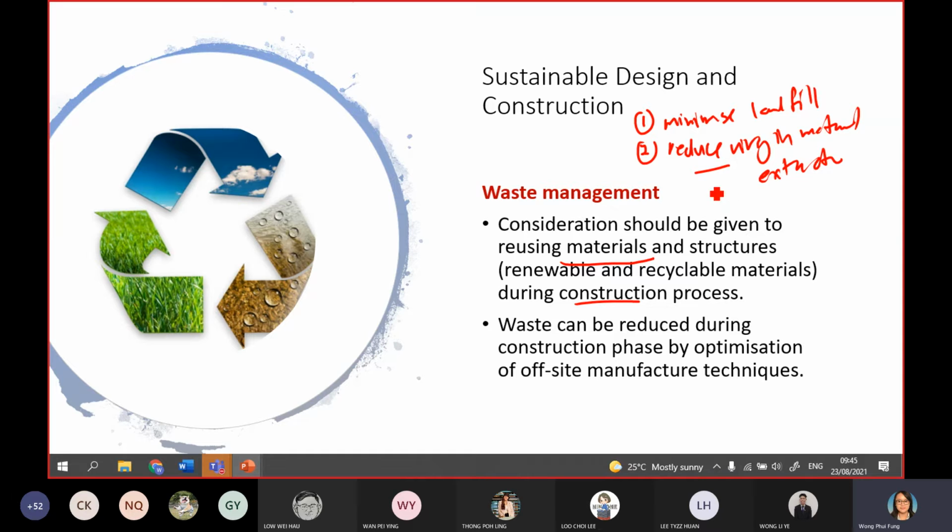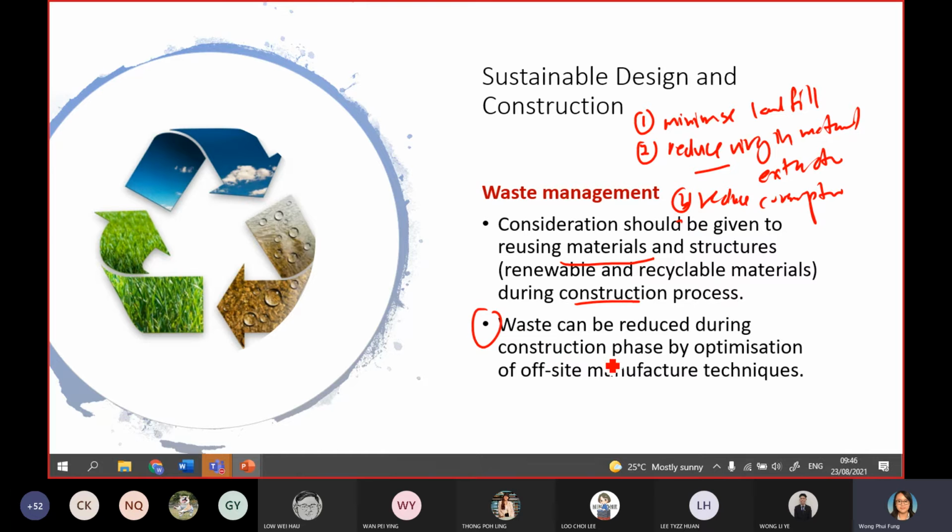So in that sense, it reduces the virgin material, the forest and tree extraction. And when we reuse and recycle, we can actually reduce the consumption, in the sense that we protect nature. Okay, so those are the benefits of recycle and reuse.